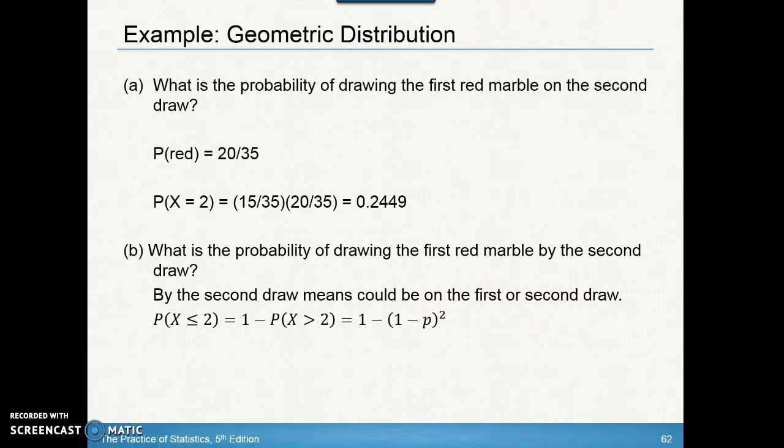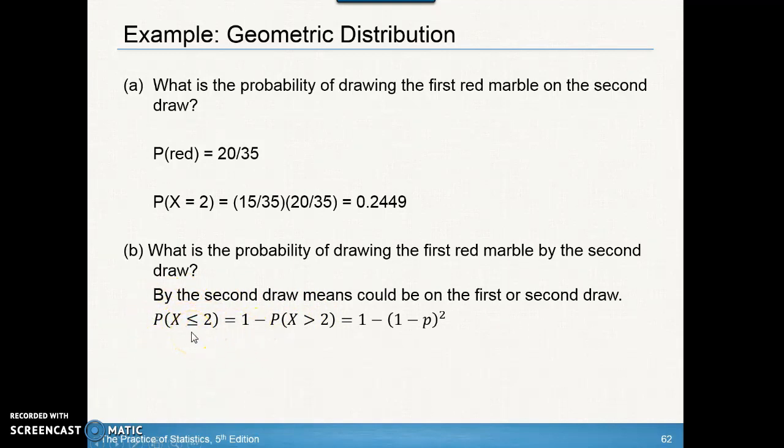Or you could take a look at the complement. The complement here, remember 100% of them, okay, is every single possibility that I could have up to 35, because there's only 35 marbles, but 1 minus the probability that x is greater than 2. So x is less than or equal to 2. If I take the whole thing minus greater than 2, it's going to give me my probability of what's left over.